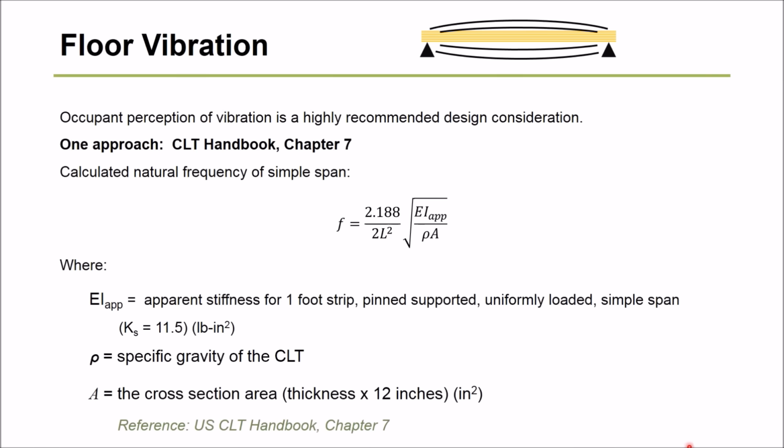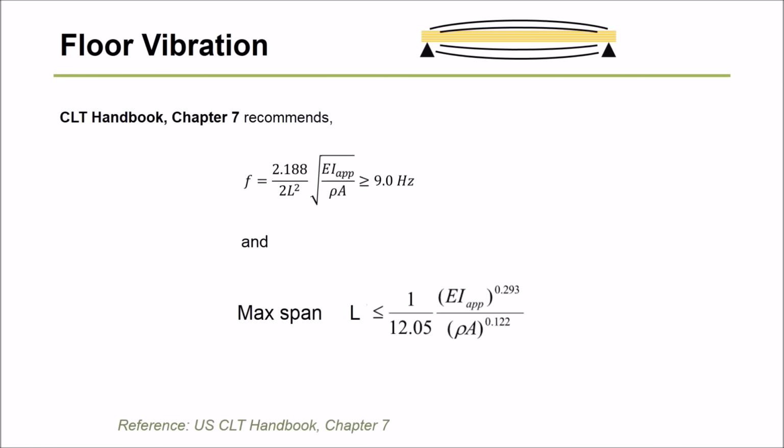And then there's a relationship that they've derived to come up with what is a reasonable behavior out of the CLT panel. So given a panel, the maximum span L that meets this criteria is found by using this equation. This is a good way to start floor design, looking at this maximum span for reasonable behavior of CLT panels.